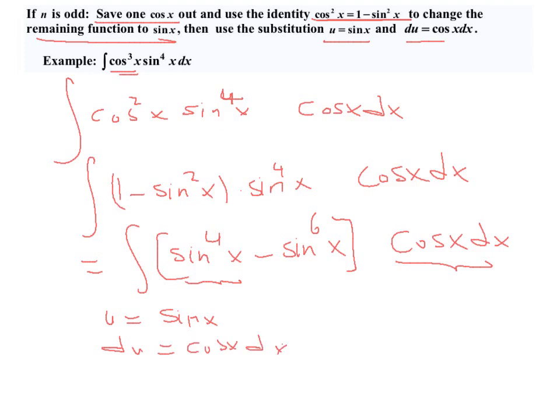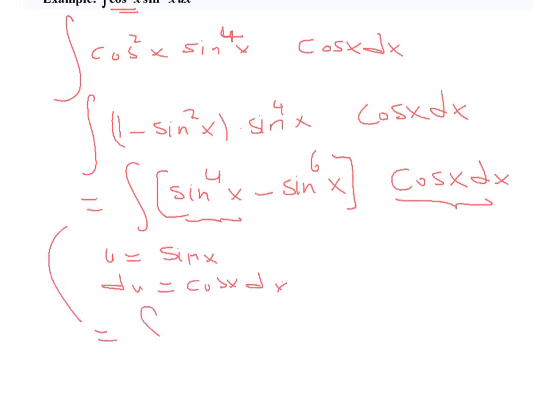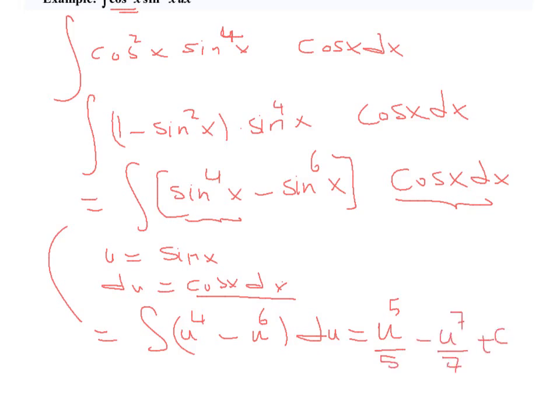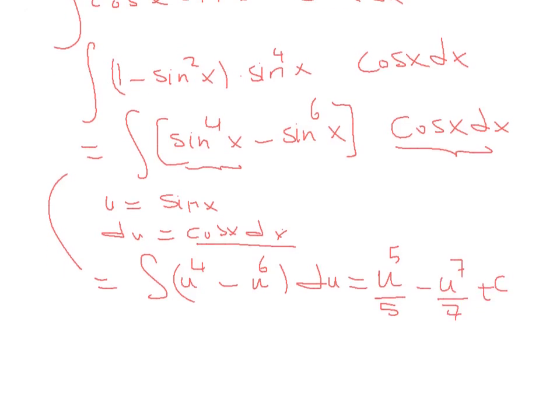This integration will be like u to the 4, because u is sine, minus u to the 6, and cosine dx, which is du, which can be integrated very easily by saying u to the 5 divided by 5 minus u to the 7 divided by 7 plus constant, and then replace u by sine. So this is sine to the 5 x divided by 5 minus sine to the 7 x divided by 7 plus constant.